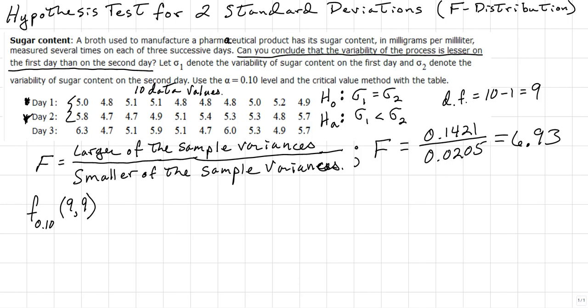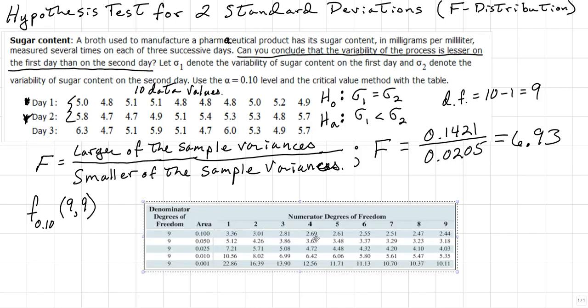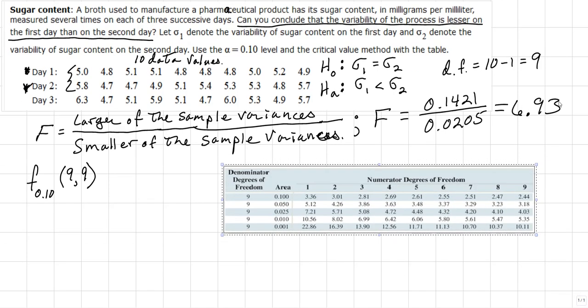So what we want to do is make sure that we are on the same page as far as what table we're using, and I'll be using the table from Elementary Statistics 3rd edition by William Navidi. And I've already copied a little portion of the table so that we can determine what our critical value is.